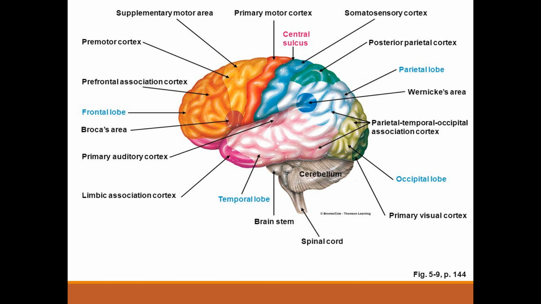You can see primary motor cortex, supplementary motor area, the premotor cortex, and posterior to the central sulcus there is somatosensory cortex, posterior parietal cortex.